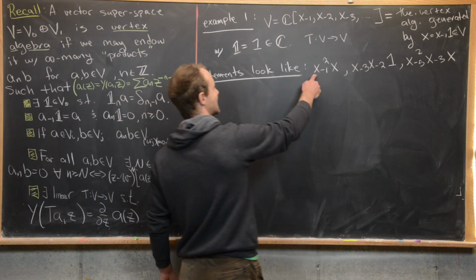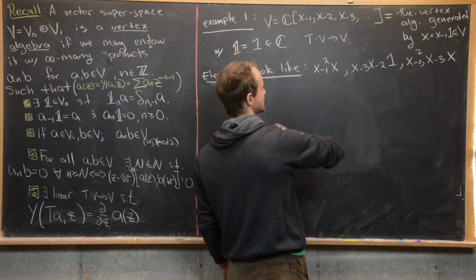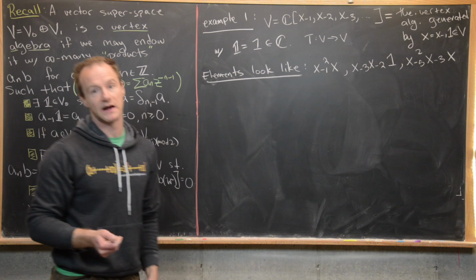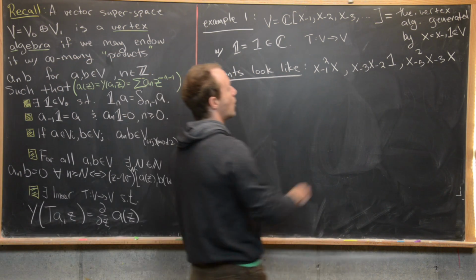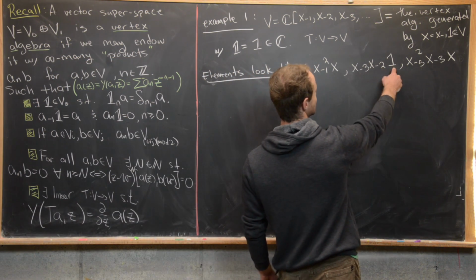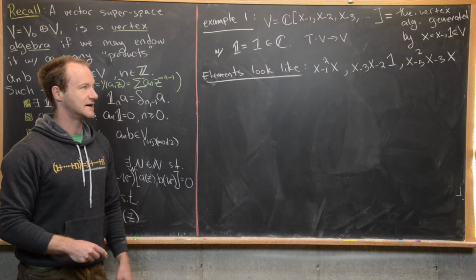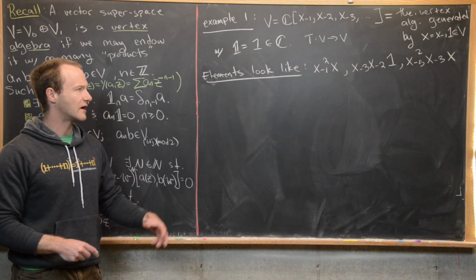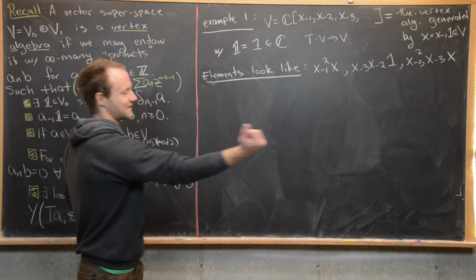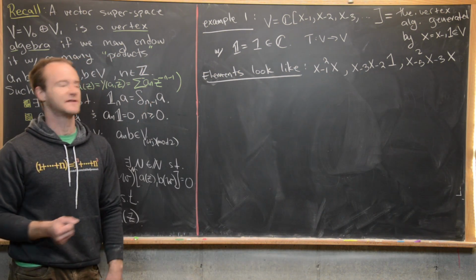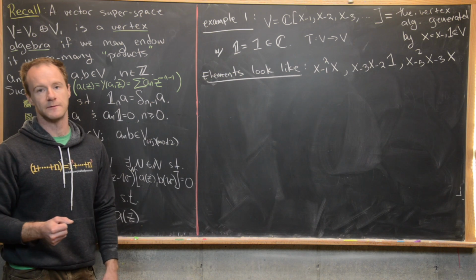So we've got x sub minus 1 squared times x, or like x sub minus 3, x sub minus 2, 1, or x sub minus 5 squared, x sub minus 3, x. Where again, every time you see an x at the tail end, you can just think of that as x sub minus 1, 1.